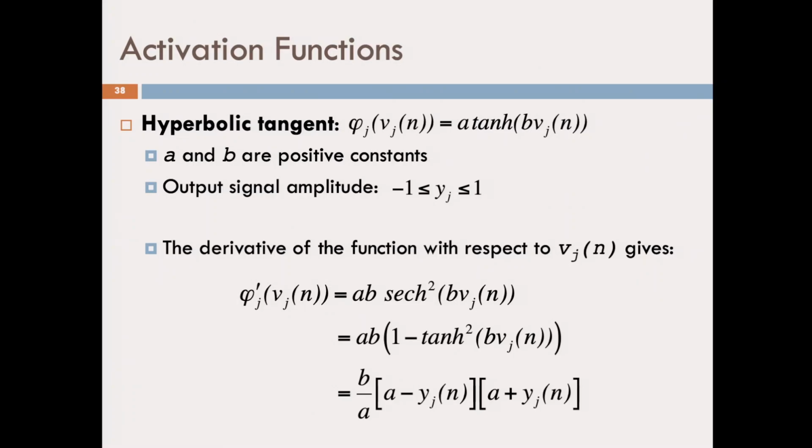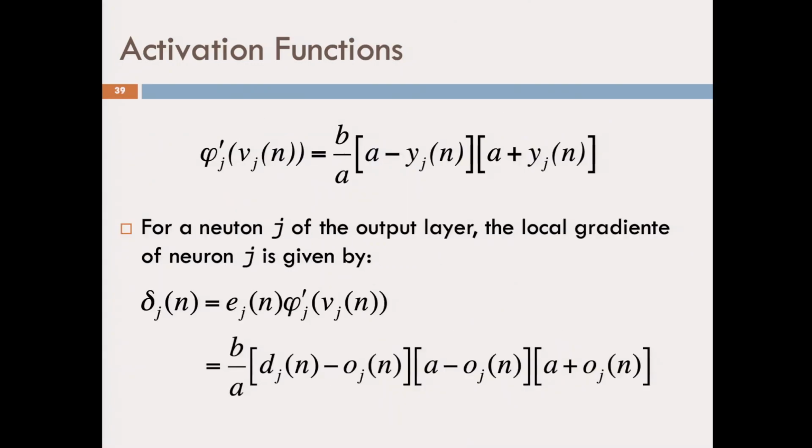Usually, this is the derivative of the hyperbolic tangent. Again, we have different formulations. If the neuron is located in the output layer, then the local gradient of the neuron is given by this formulation here. The error we know how to calculate, and the derivative we know how to calculate. The O here means that the output of the neuron is the output of the neural network.